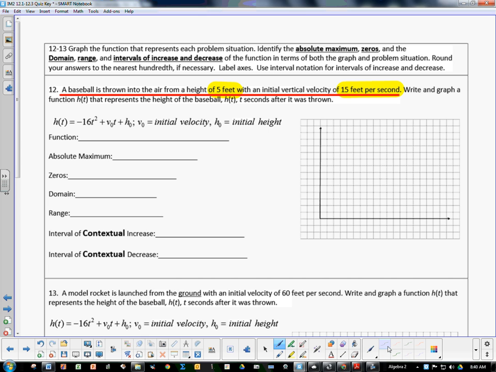I have h of t is equal to negative 16t squared plus, what comes next? 15t, right, in this case? Okay, 15t. That's your initial velocity, plus 5. Very good.